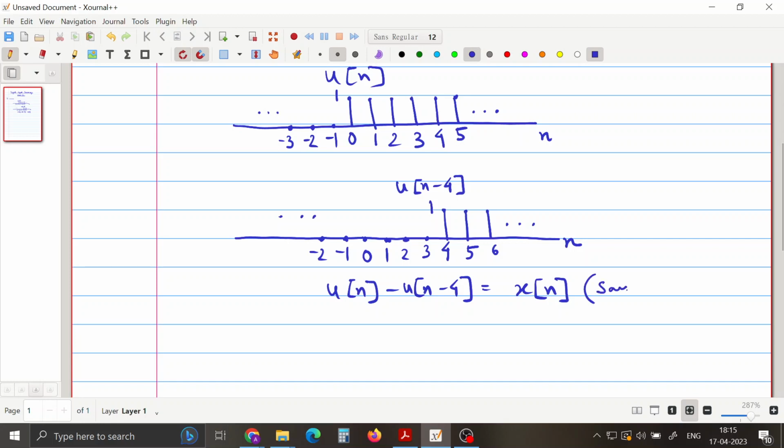Now how does this look? The difference would be non-zero only from 0 to 3 practically, because from n equals 0 to 3, u of n is 1, whereas u of n minus 4 is 0. So the difference is 1. In all the other cases the difference would be 0, right?